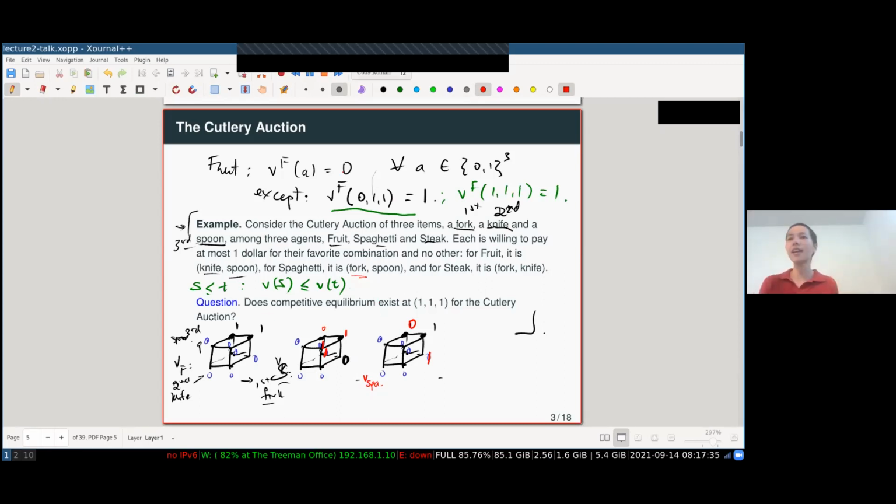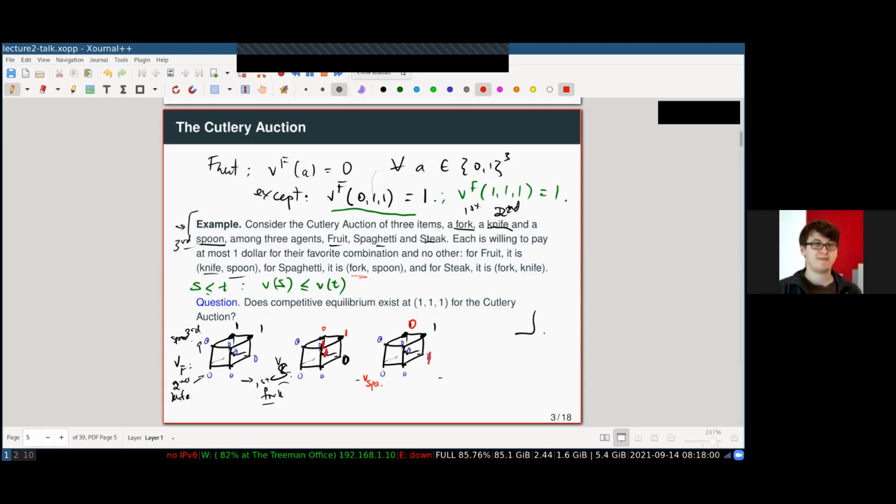Okay. So the question is, could you set a price for each of these items, such that you can split them to these 3 agents, so that they're happy with their assignments? I'm not sure if I remember the definition precisely.